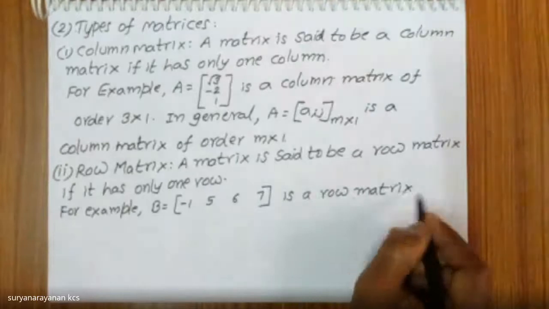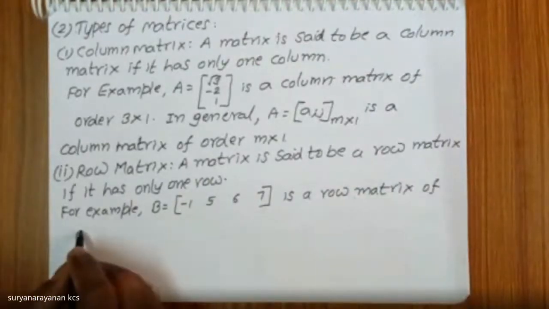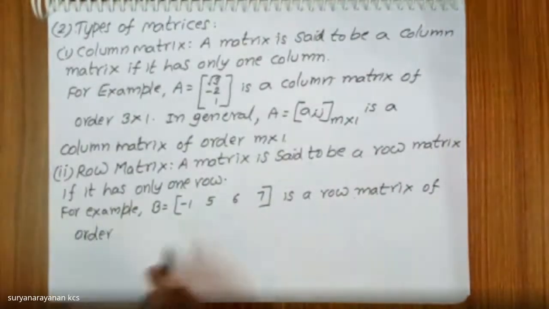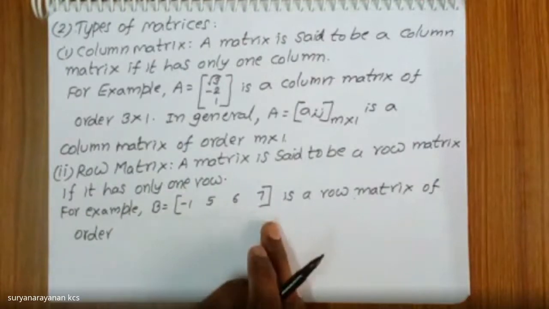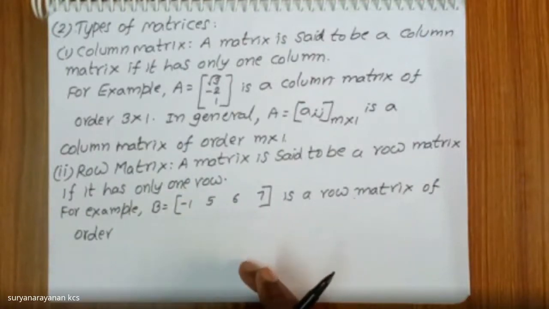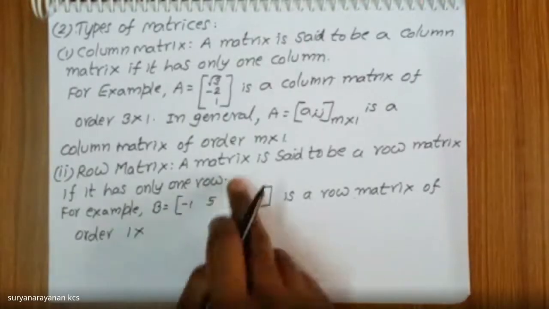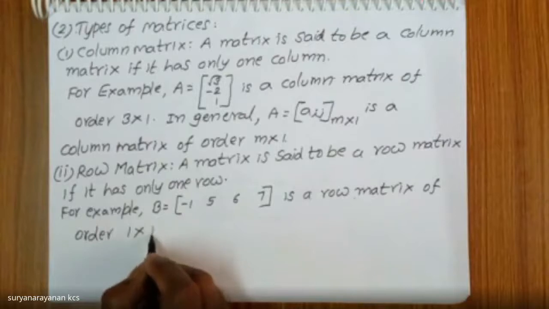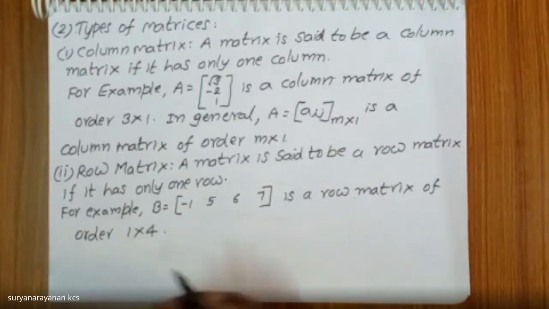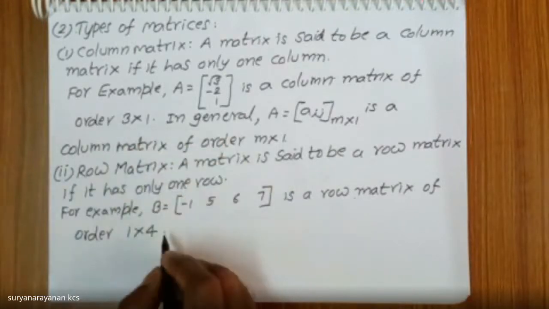Can you tell me the order of this matrix? Sir, 1 by 4, sir. Yes, 1 by 4. Only one row and 4 columns are there. So 1 by 4. Similarly, here also we write in general.